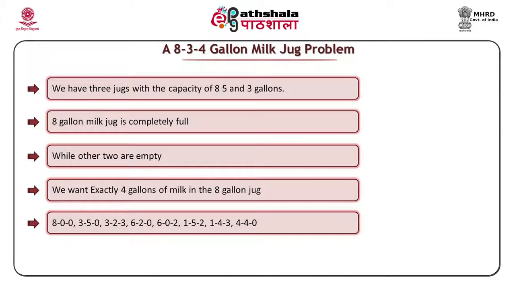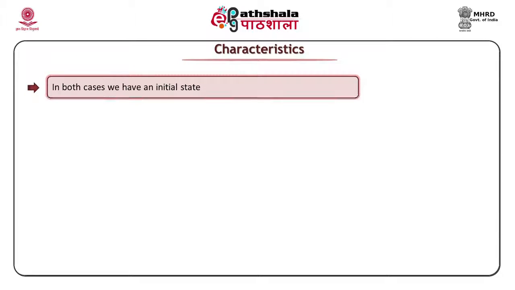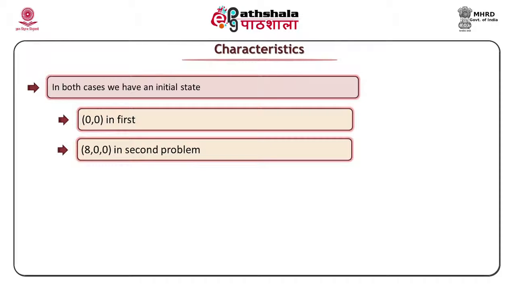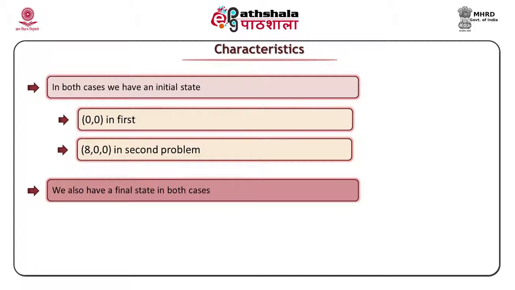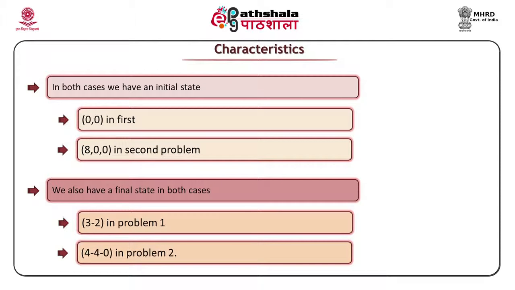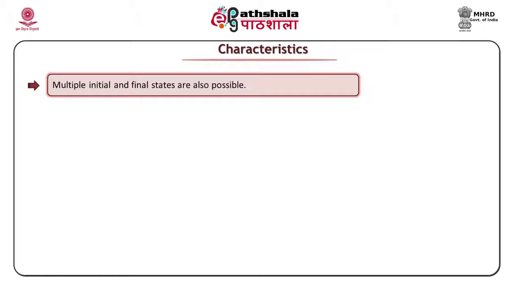In both cases, the 3-4 gallon water jug and the 8-5-3 milk jug problem, we have something called an initial state. In case number 1, we have 0, 0, both jugs are empty. In case number 2, 8, 0, 0, the first milk jug is completely full. We also have a final state. For example, in case number 1, we have 3, 2, and in case number 2, we have 4, 4, 0 as a final state. So it is possible to have multiple initial and final states.